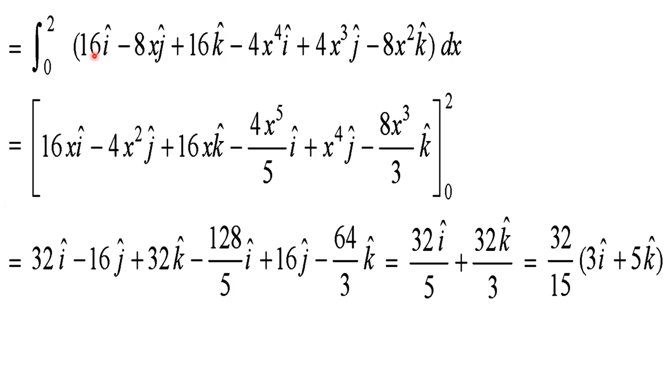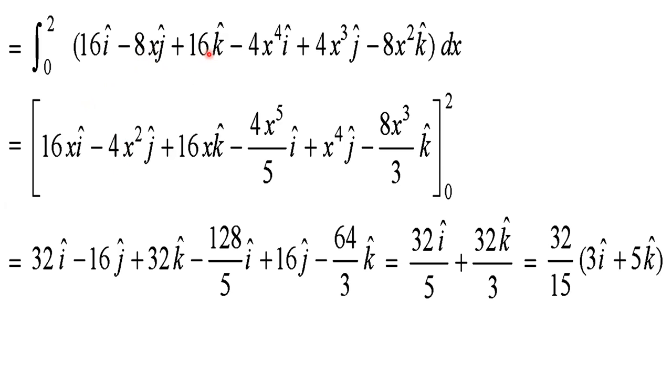So this will become 16 dx, this will become minus 8x dx, this will be 16 dx, this will be 4x^4 dx, this will become 4x^3 dx, and this will be minus x squared dx. So this dx will be distributed with every term, and then I have to integrate from 0 to 2. So integrating this with respect to x will give me just x, and this will give me x squared by 2, and that 2 will make this 4. So this is minus 4x squared.